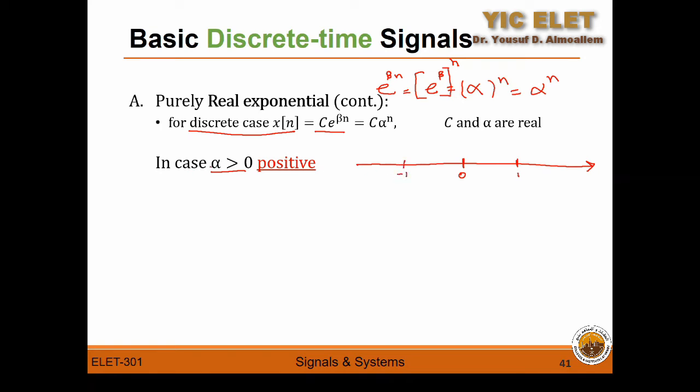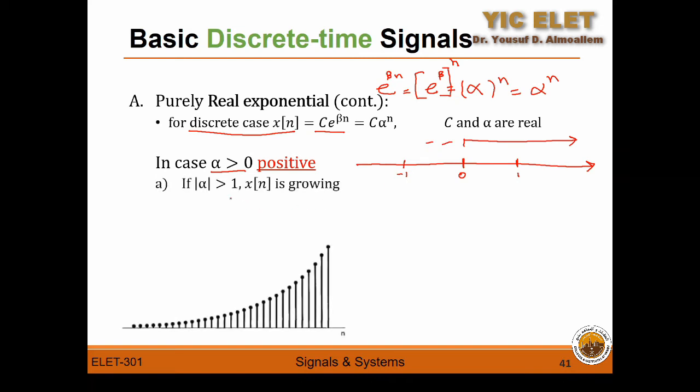When we say that alpha is positive, we are talking about this region, and we are not considering this region. If alpha is greater than 1, meaning this part, this is case A, then x will be growing.